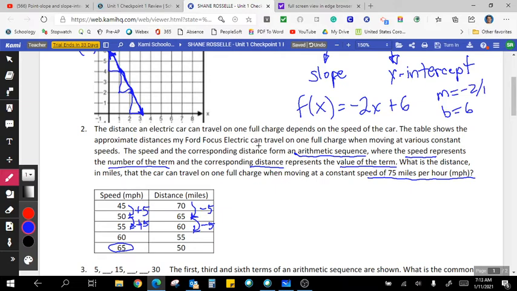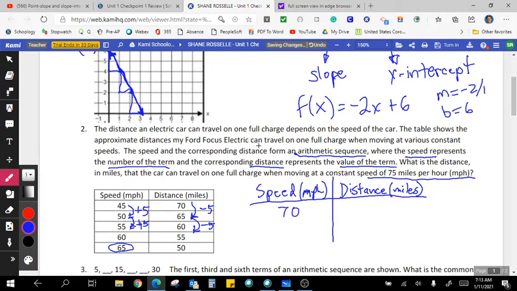So I'm going to create a continuation of that speed chart: speed in miles per hour, and distance in miles. If I go 65, the next one would be 70. What would the next one here be? I'm subtracting 5 from it, so that would be 45. And then the next one is going to be 75.